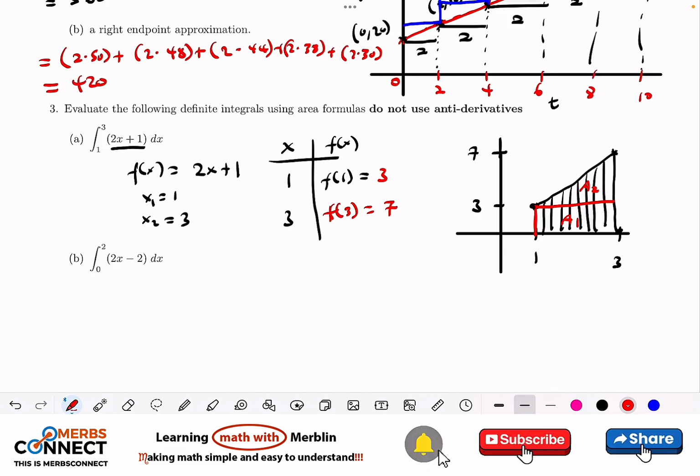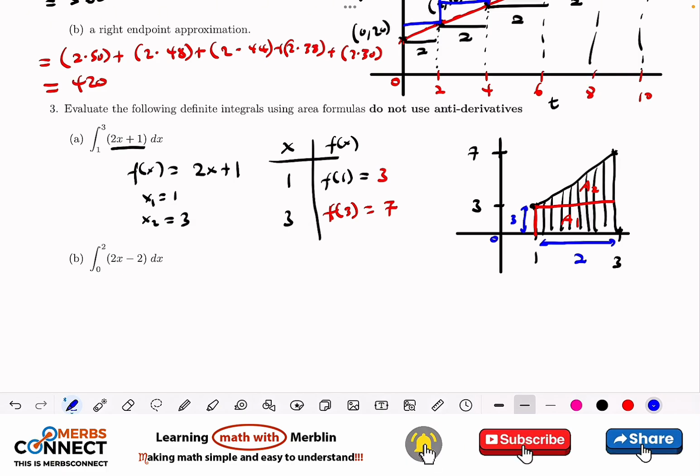So I need to find the distance. What's the distance from this side to this side? 3 minus 1 gives us 2. What's the distance from this side to this side? Here is 0, so 3 minus 0 gives us 3.